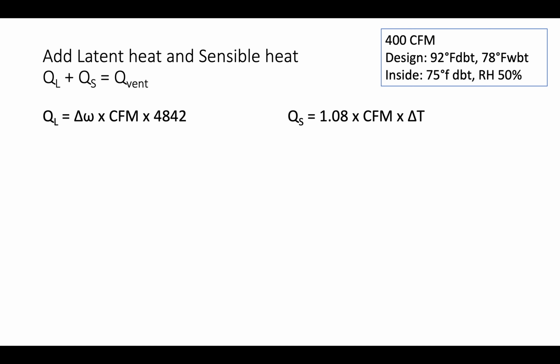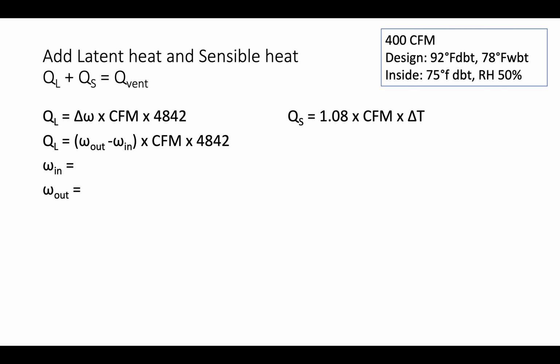So we're going to use these two equations: the latent heat equation with the difference in absolute humidity, and the sensible heat equation, which should look really familiar. It's 1.08, which is the consolidated constants that include the volumetric heat capacity of air times the 60 minutes per hour, times cubic feet per minute, times difference in temperature.